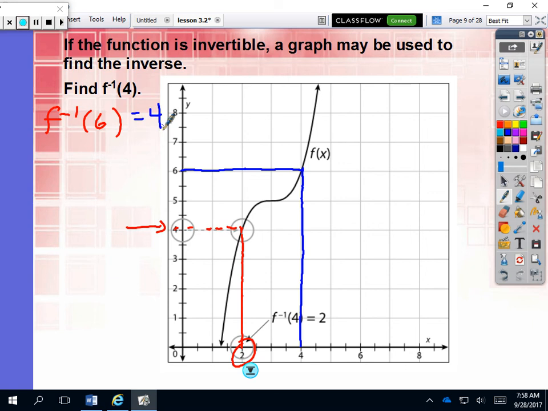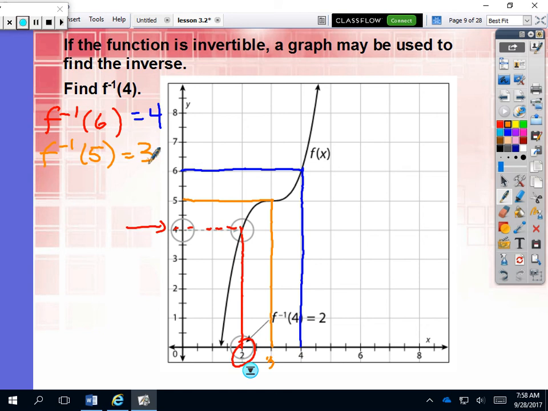And the next one is f inverse of 5. Let's do that in orange. F inverse of 5. So we go to 5, go to the graph, drop your line down, and that is not labeled, but if I see this is 2 and this is 4, halfway between must be 3. So this is 3.